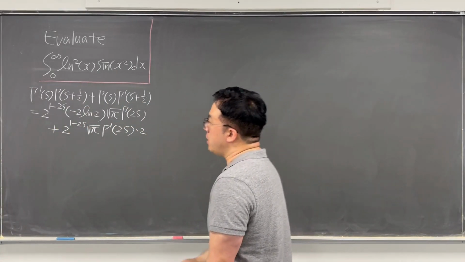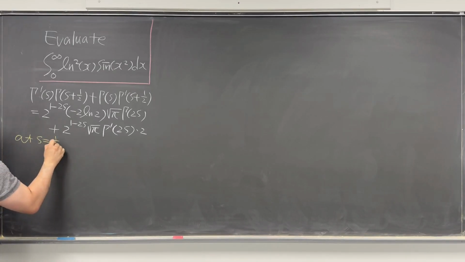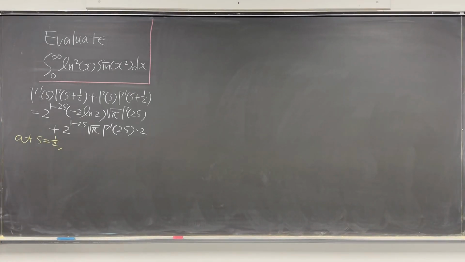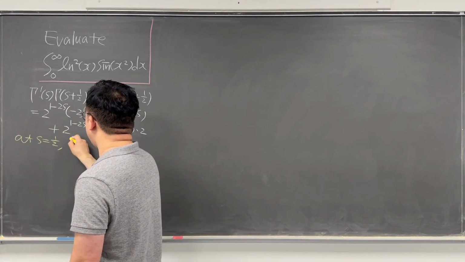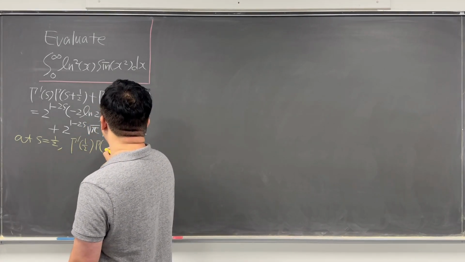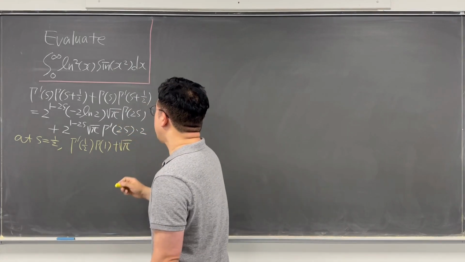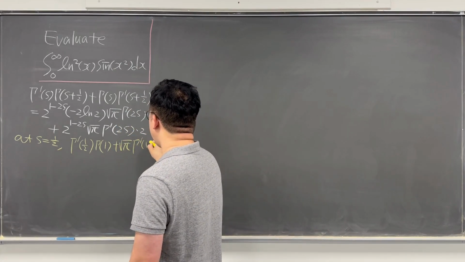And then if you plug in s equal to 1 over 2, you should be getting gamma prime of 1 over 2 times gamma of 1, then that plus square root of pi times gamma prime of 1.